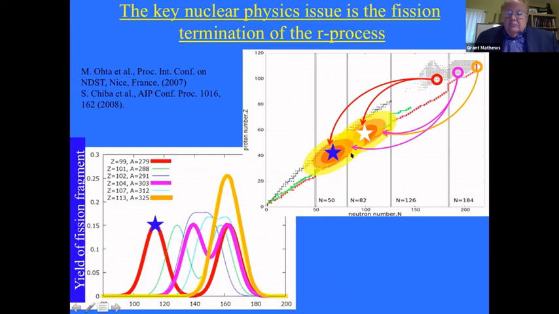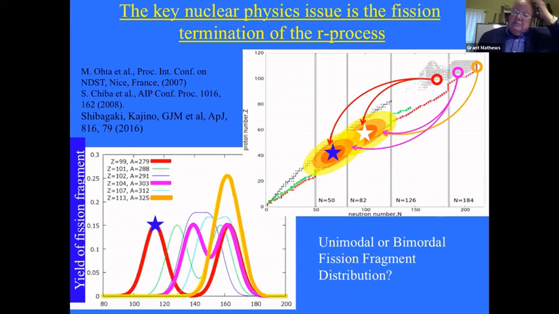And those are the ones that can maybe give you a better representation of the R process. Or in between, you could even get a three-hump fission fragment distribution. And that's a big uncertainty that needs to be sorted out. The only way we'll ever understand it is to somehow be able to probe the heavy region around mass 280.